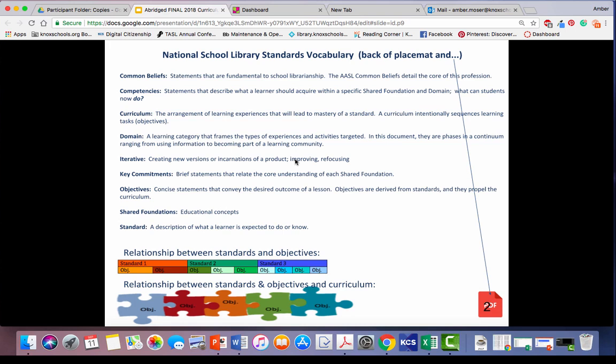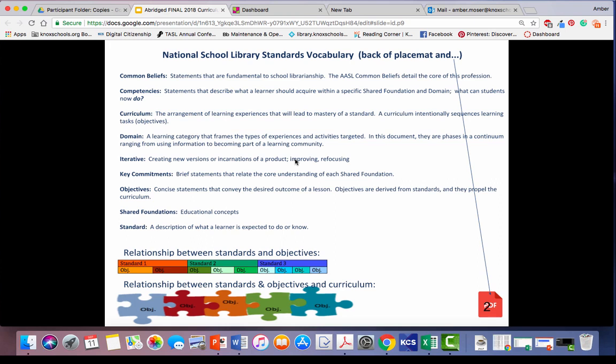I want you to take just a couple of minutes and read over the front part of the standards where all the competencies are listed. You don't have to read them for full understanding, but just glance over them and get a hazy idea of what's in there. And then turn over to the back and look at the vocabulary.